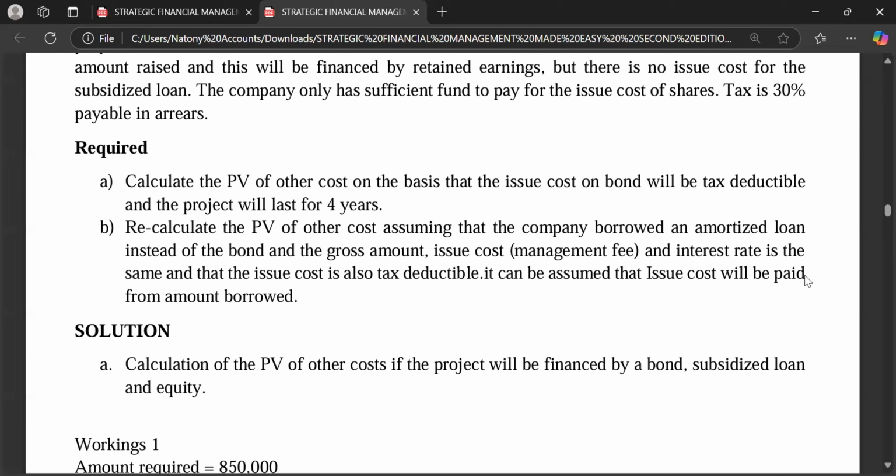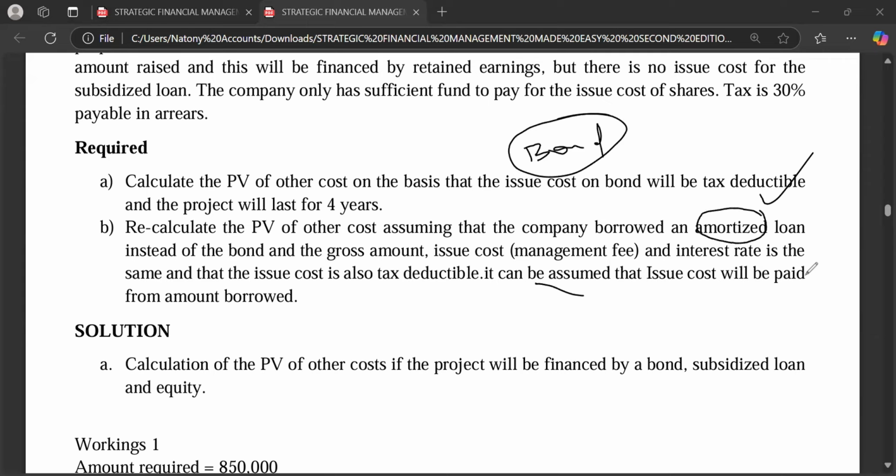So there are two different scenarios here. The difference is that in scenario one, the company is issuing bonds to finance the projects together with the share and subsidized loan. Scenario two, the company is issuing what?